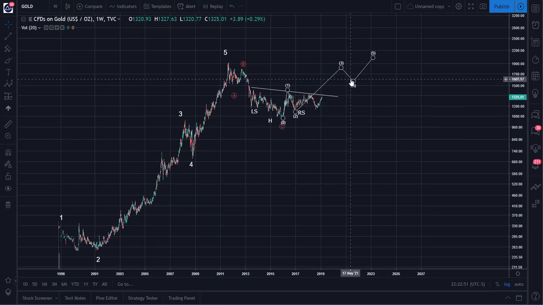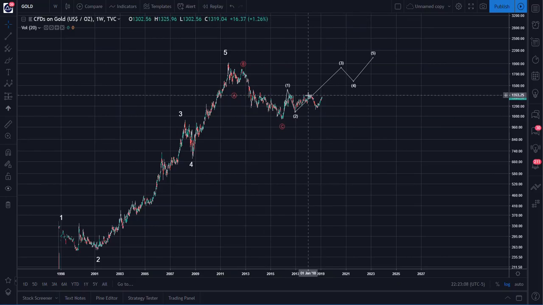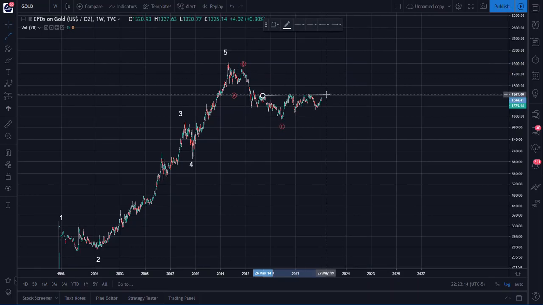Now, another way of looking at this is to remove the inverted head and shoulders, and draw a horizontal line across the tops of the price bars.